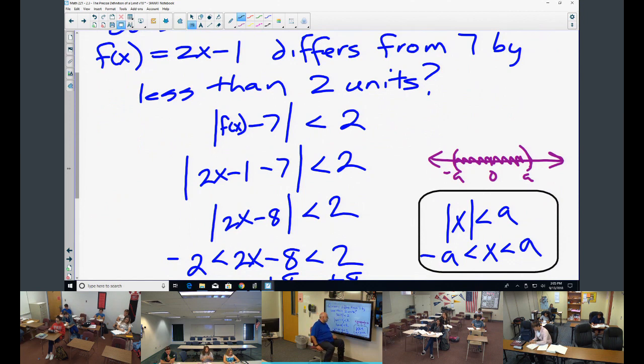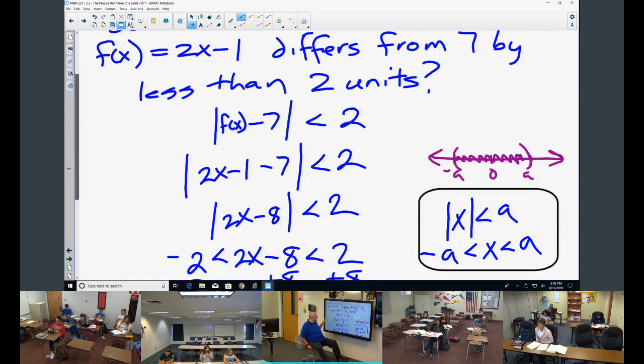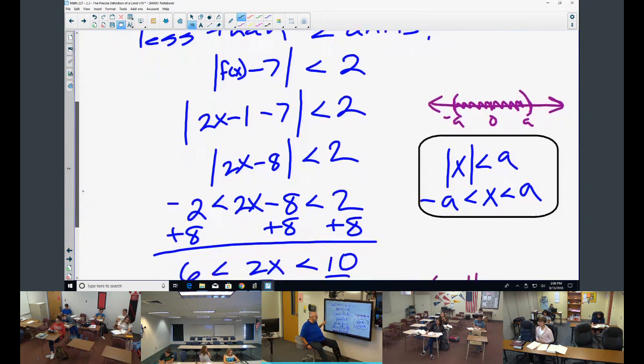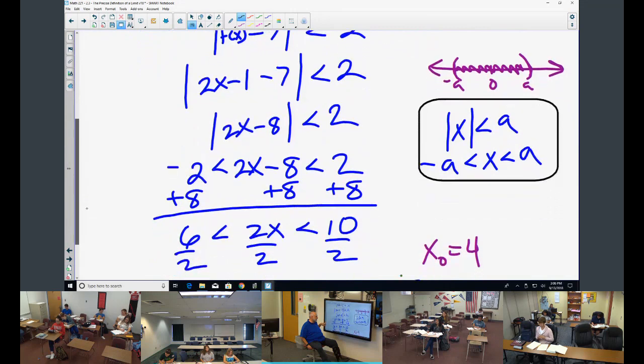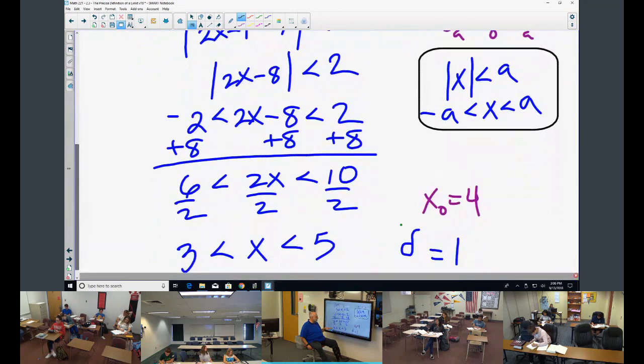So to solve the absolute value of 2x minus 8 is less than 2, we rewrite it as a compound inequality: negative 2 is less than, and we drop the absolute value, 2x minus 8 is less than 2. Now when we solve it, we want to get x by itself in the middle. So we add 8 and then divide everything by 2. And so we get 3 is less than x is less than 5.